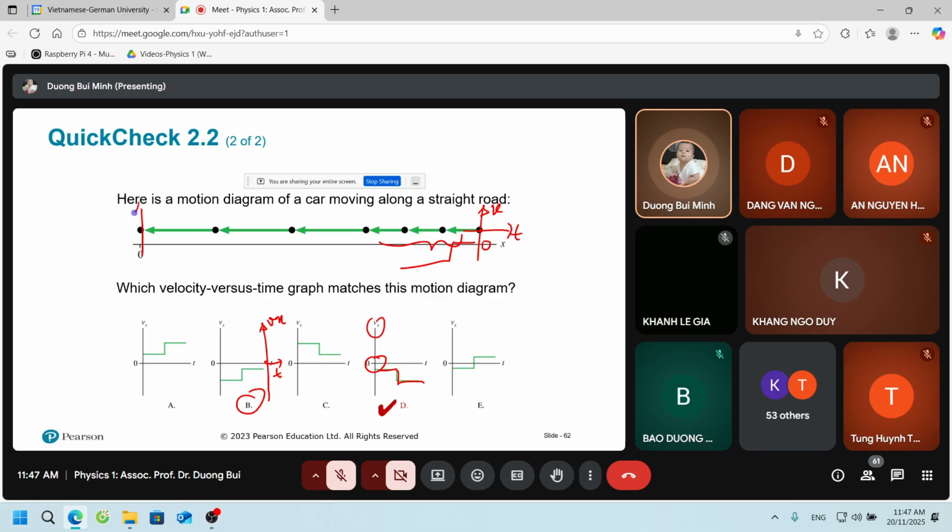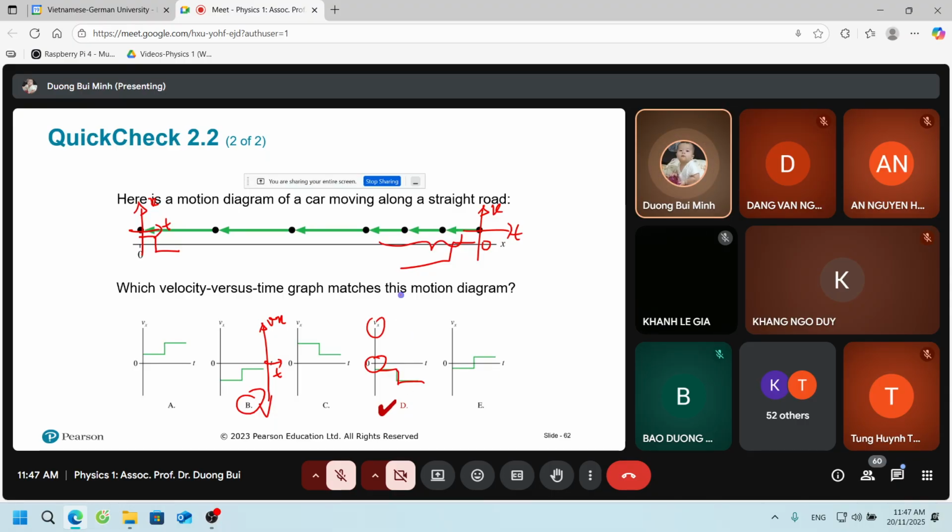If you consider here is time and x, you can get here and here. Anyway, the correct answer should be B.